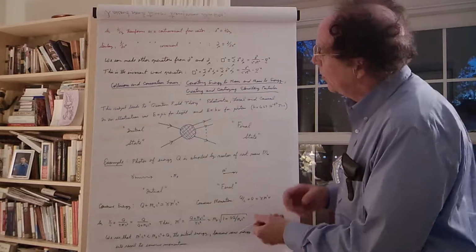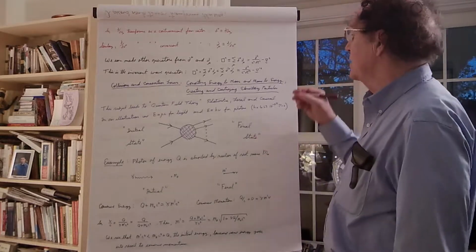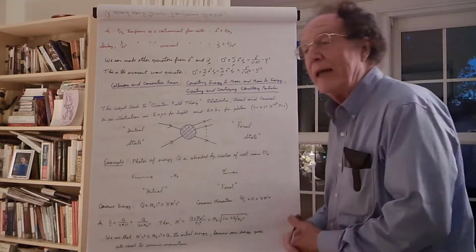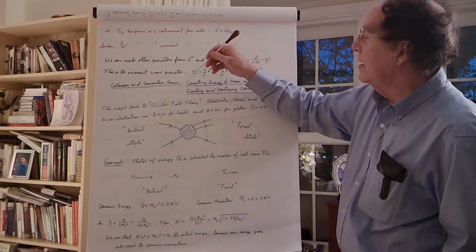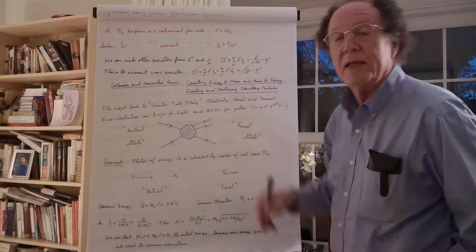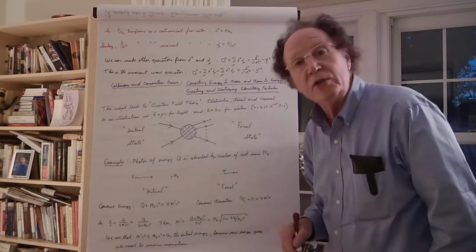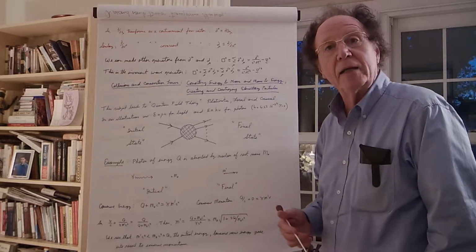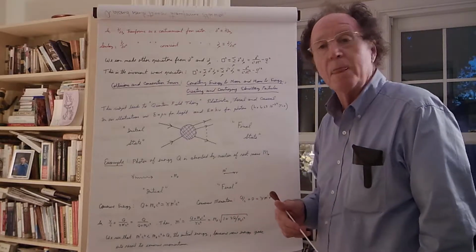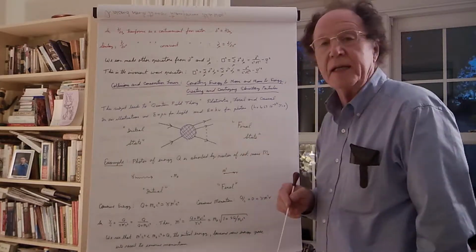Okay? And so we want to look at some interesting cases, and so we'll want to look at light coming in. And remember, for light, we've stated that there's a relationship between the energy carried by light and the momentum carried by light. The magnitude of the momentum is such that E is equal to PC.